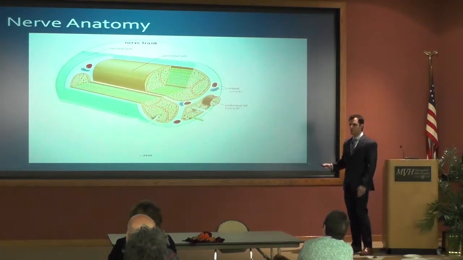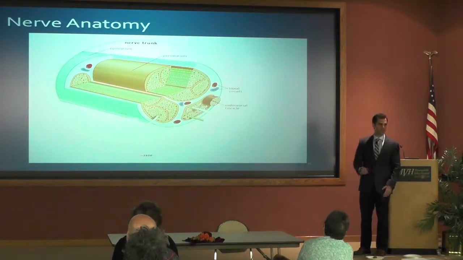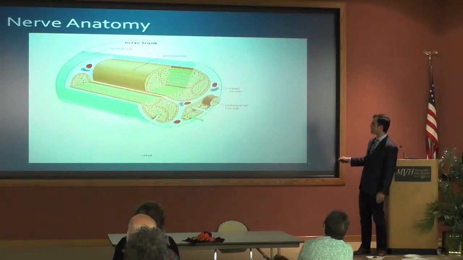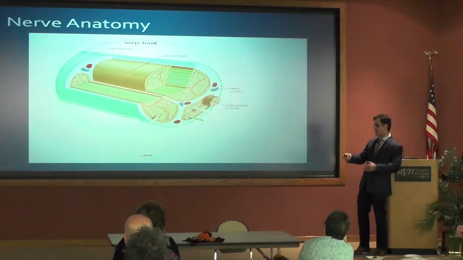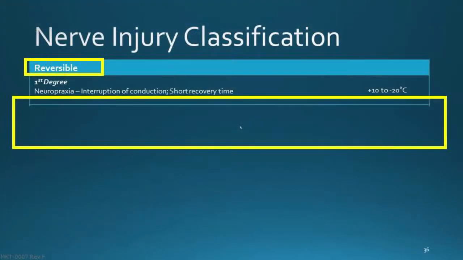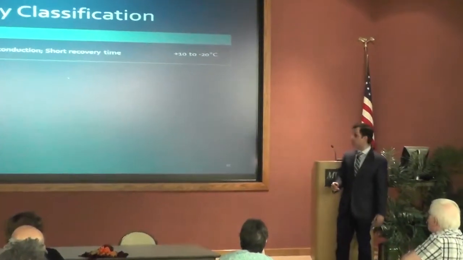Here's an important part of this. There's connective tissues around these axons in the nerve. That's shown here. This darker orange, this lighter orange, and this green. There's connective tissues around the axons. I'll tell you why that's important. There's been a lot of studies looking at different amounts of cold applied to nerves.